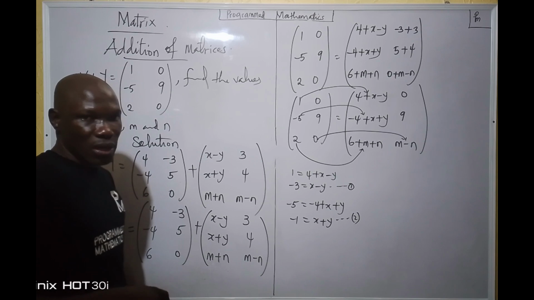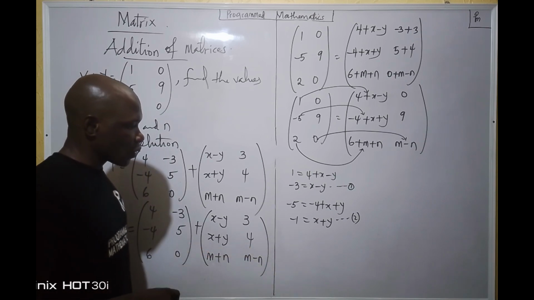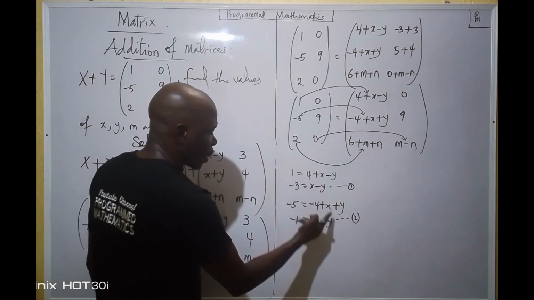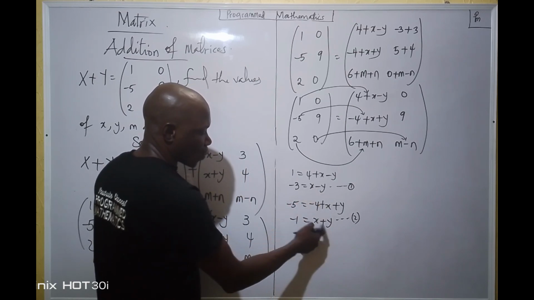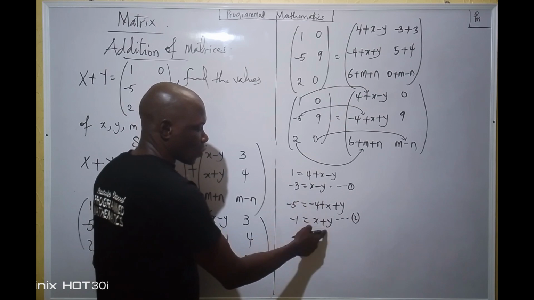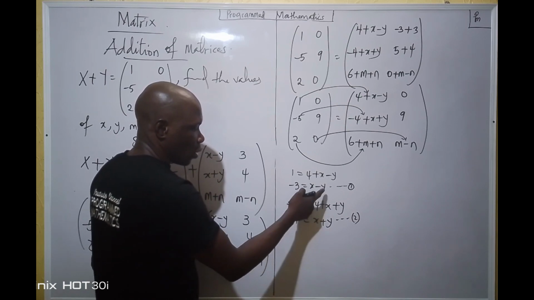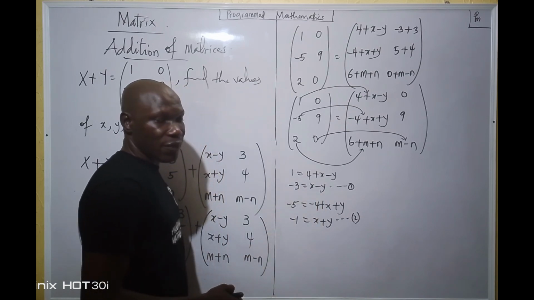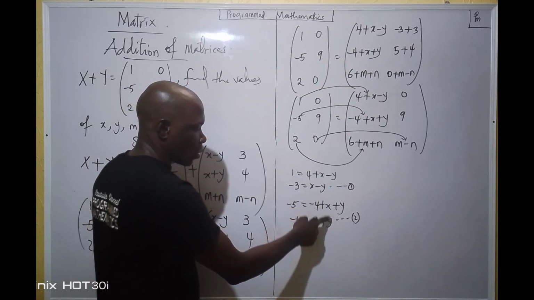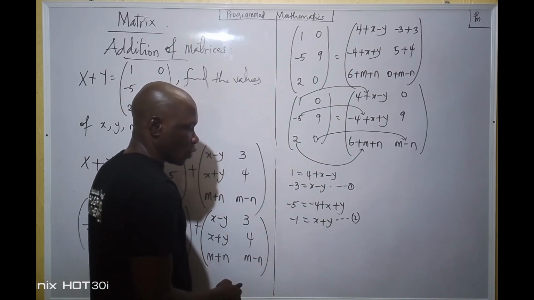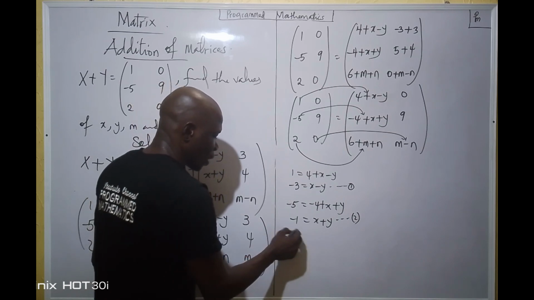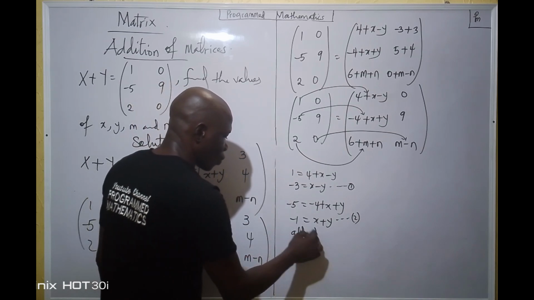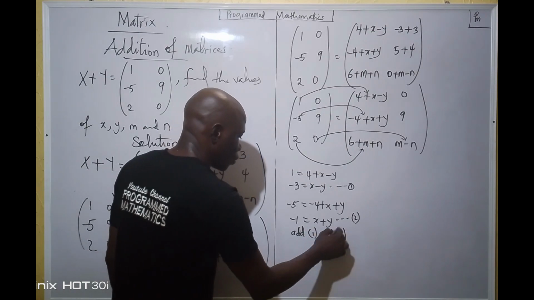You can pause this video and solve this simultaneous equation by yourself first. Now looking at equation 1 and equation 2, the coefficient of x is balanced, that of y also is balanced. But it's easier to add these equations together to get x first, because minus y plus y will give 0. So that will eliminate y from the equation. So let's just simply add equation 1 and equation 2.